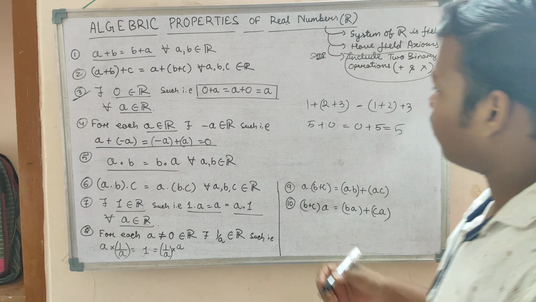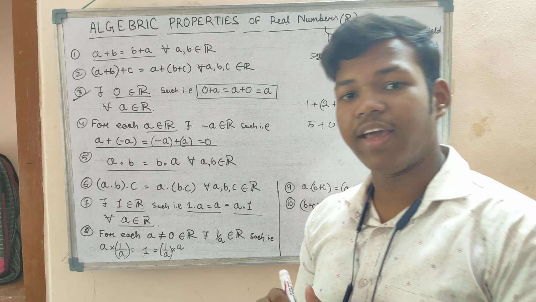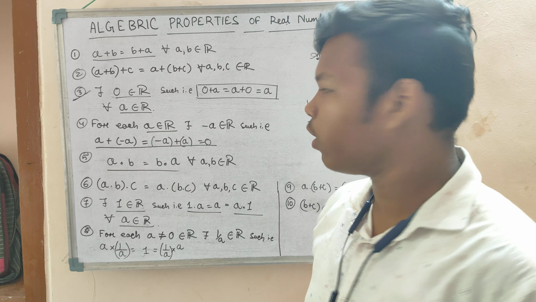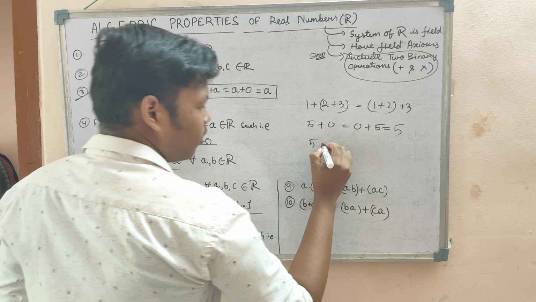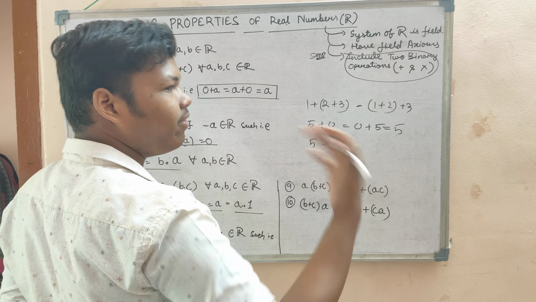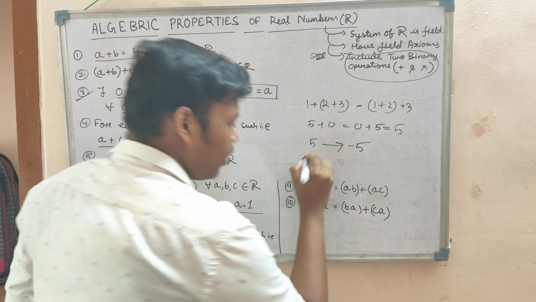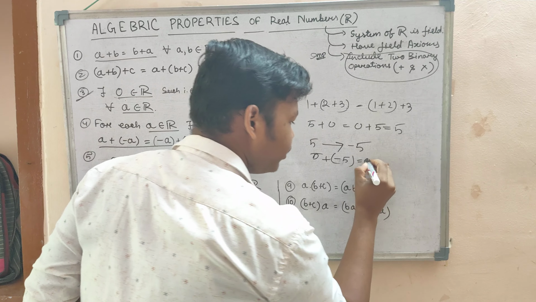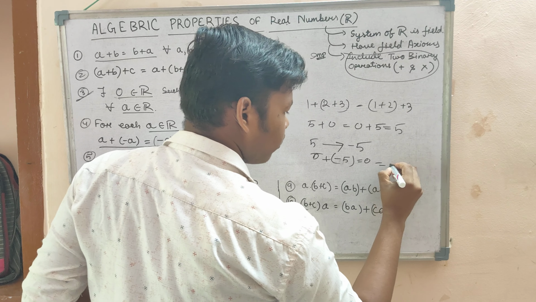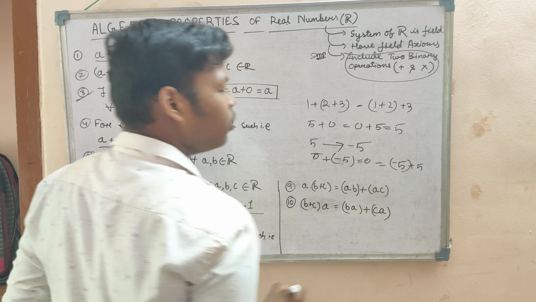That means you can find an additive inverse of any number in R. If you take 5, its additive inverse is minus 5. 5 plus minus 5 is equal to 0, and in the same way minus 5 plus 5 is also 0.